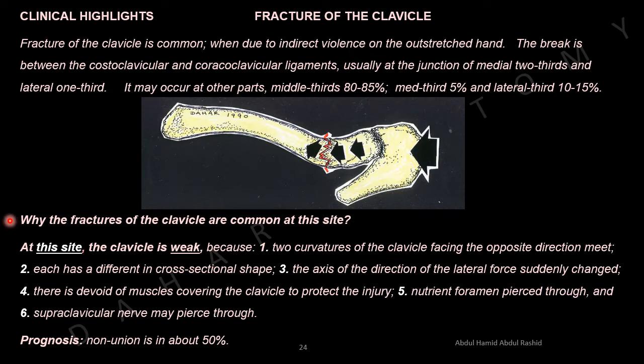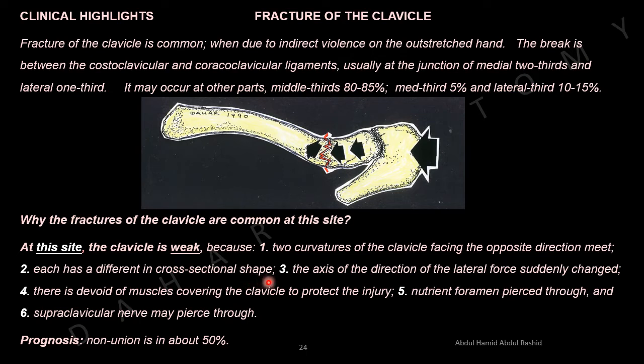Why are fractures of the clavicle common at this site? At this site, the clavicle is weak because, number 1, two curvatures of the clavicle facing opposite directions meet. Number 2, each has a different cross-sectional shape.